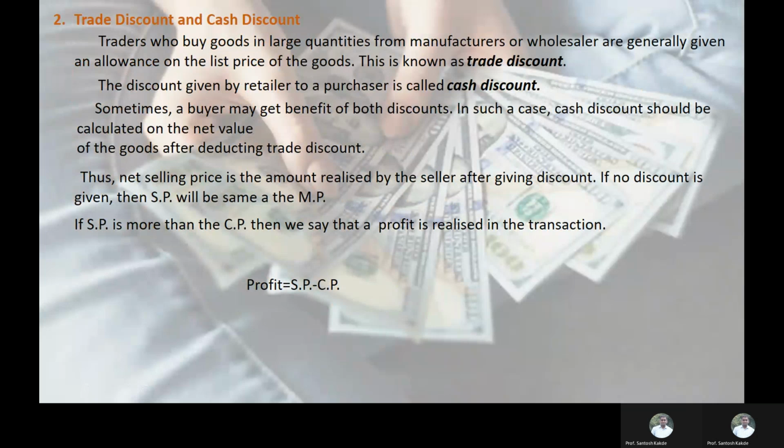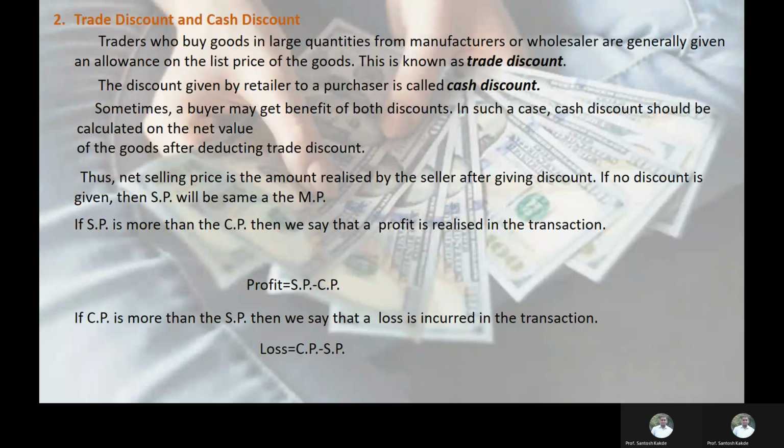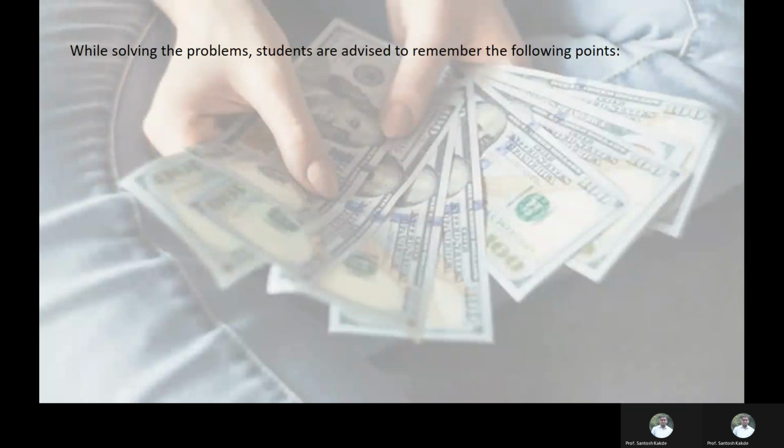Therefore we can say that profit is equal to selling price minus cost price. If cost price is more than the selling price, then we say that a loss is incurred in the transaction. Therefore, we can say that loss is equal to cost price minus selling price.